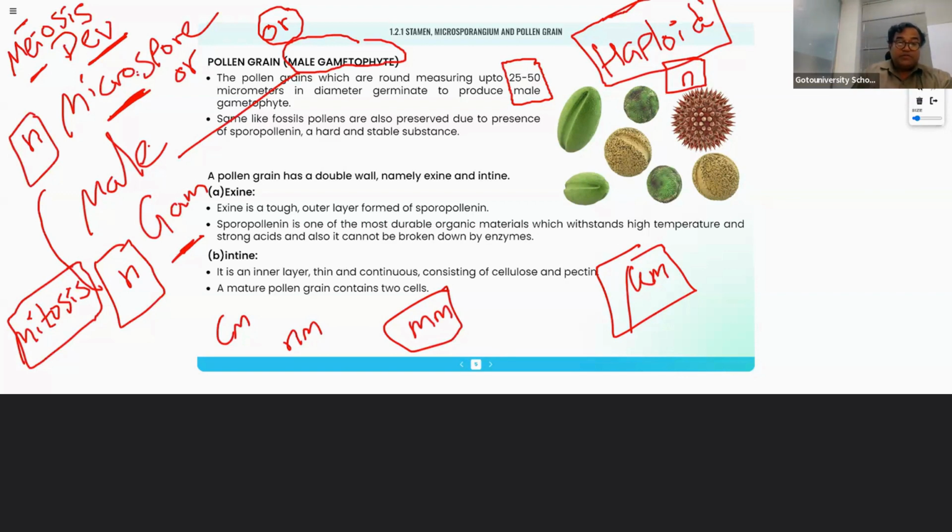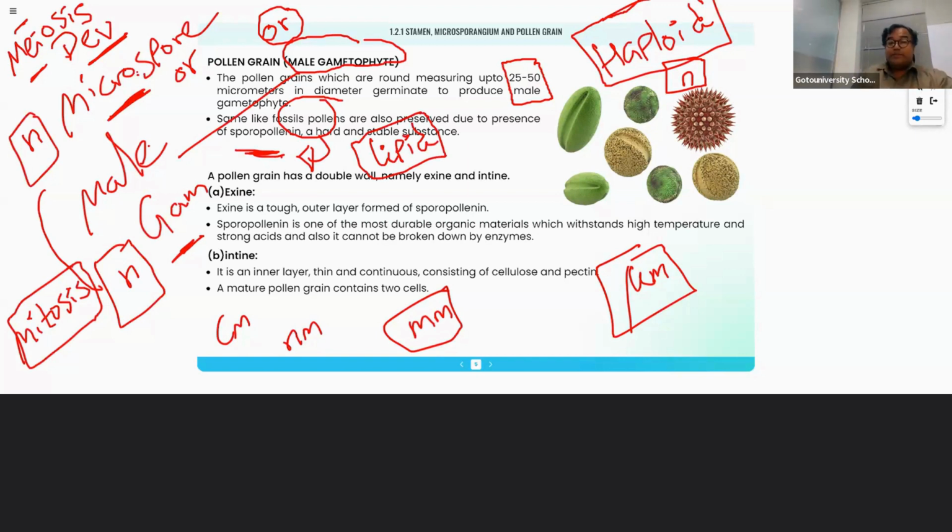Be very careful, right? Pollen fossils are existing for many years because of the presence of sporopollenin. Why? We need to ask the question why. How is it possible? Sporopollenin is a rigid lipid molecule. This rigid lipid molecule is not allowing the pollen grain to get decayed very fast.